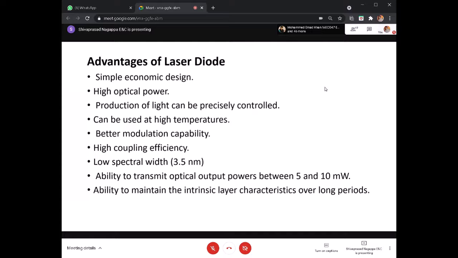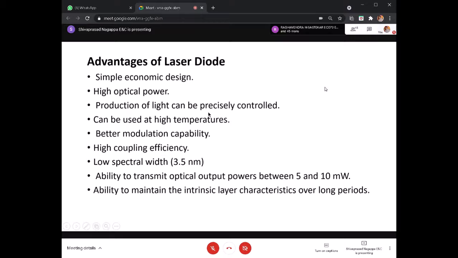It is just because, unlike LED, where it is a spontaneous emission, your laser diode has got stimulated emission, so amplification will be done, and hence you will be getting a high optical output. Okay, you can achieve high optical power.